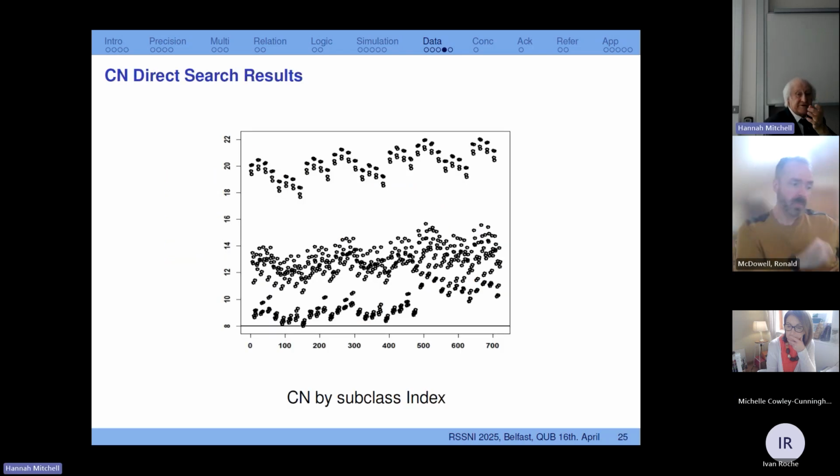For our lung cancer data, I've computed the condition number for 720 of them, and there's a subclass index along the bottom, and this is the condition number lying between, I suppose, 1 and 22 or thereabouts.